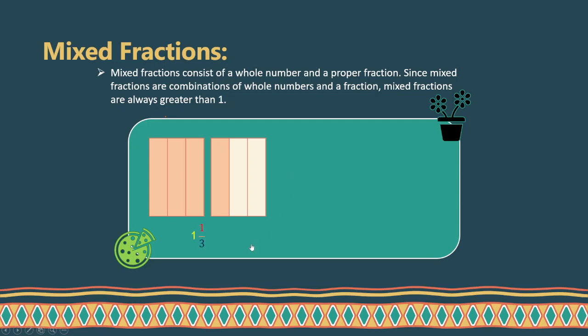That becomes 1 and 1 by 3. Here 1 indicates the whole thing. 1 by 3 is a proper fraction. 1 whole thing and 1 by 3: 3 equal parts and 1 is colored.